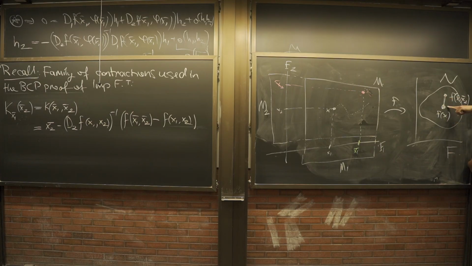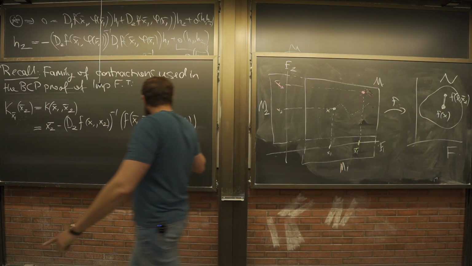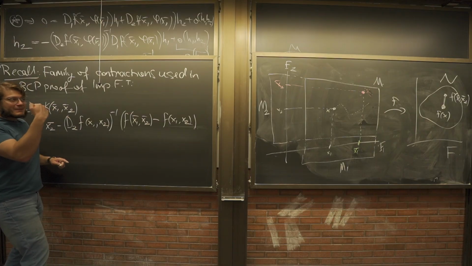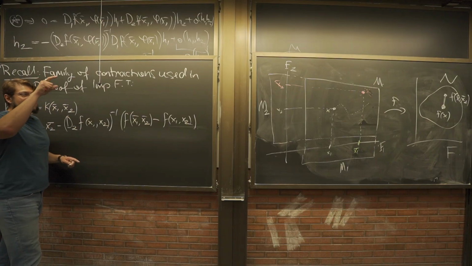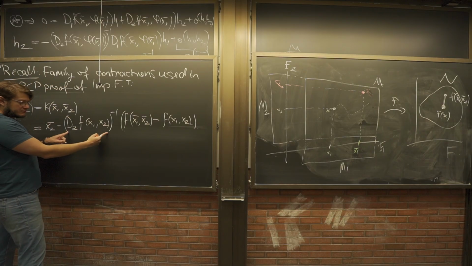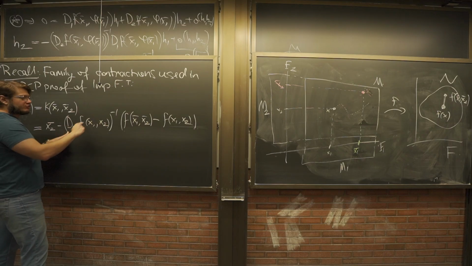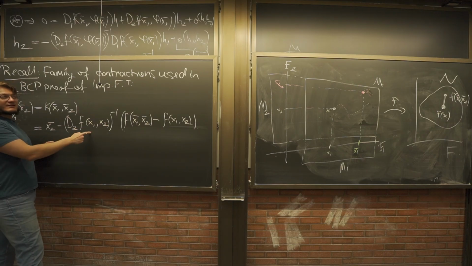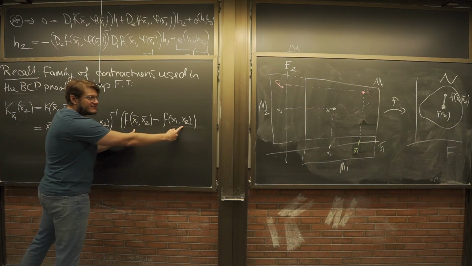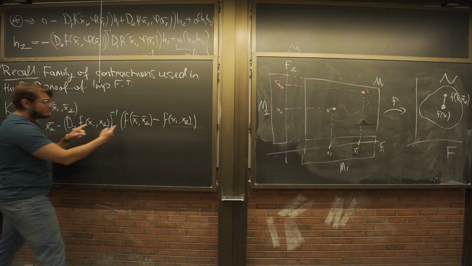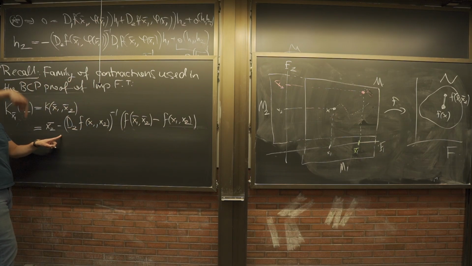Based on this discrepancy, you're going to update your guess. Take this discrepancy, it's over here. Bring it back so that it's a vertical vector now. Applying the inverse of the vertical derivative does that for you. You take the error in the outputs and bring it back to a vertical correction. Then you correct your guess based on this vertical correction.